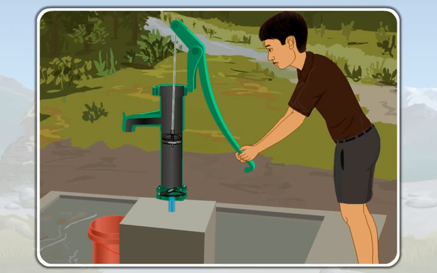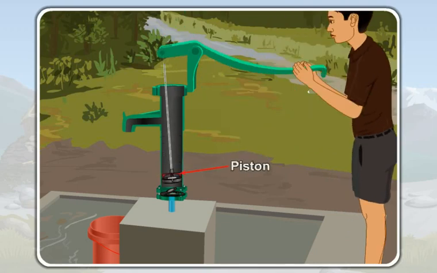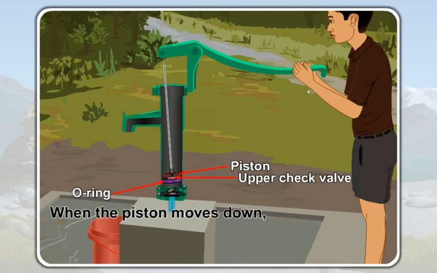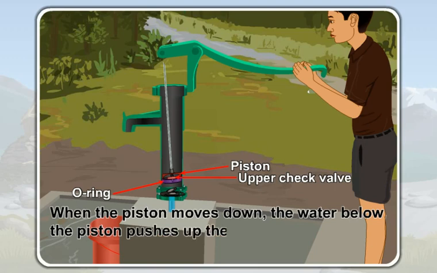Now, when we lift the handle up, the piston along with the O-ring and the upper check valve moves down. When the piston moves down, the water below the piston pushes up the upper check valve so that it opens.